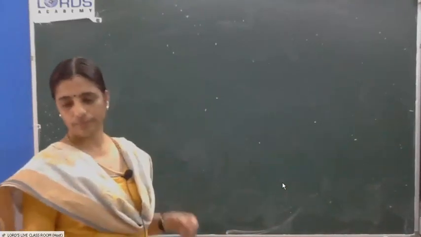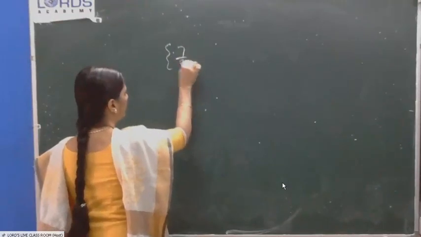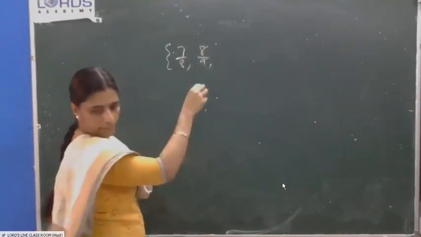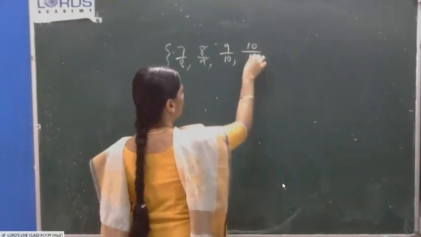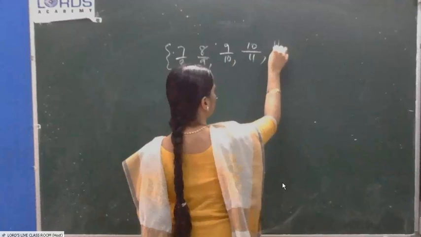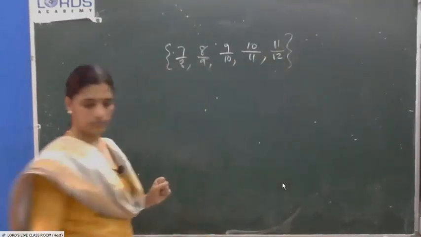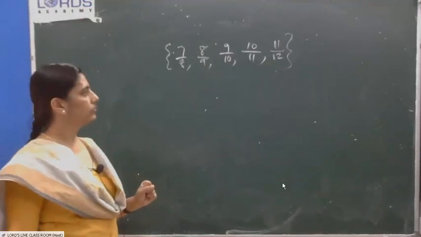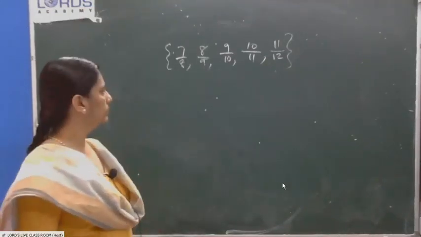The set is 7 by 8, 8 by 9, 9 by 10, 10 by 11, 11 by 12. Express the following sets in set builder form.